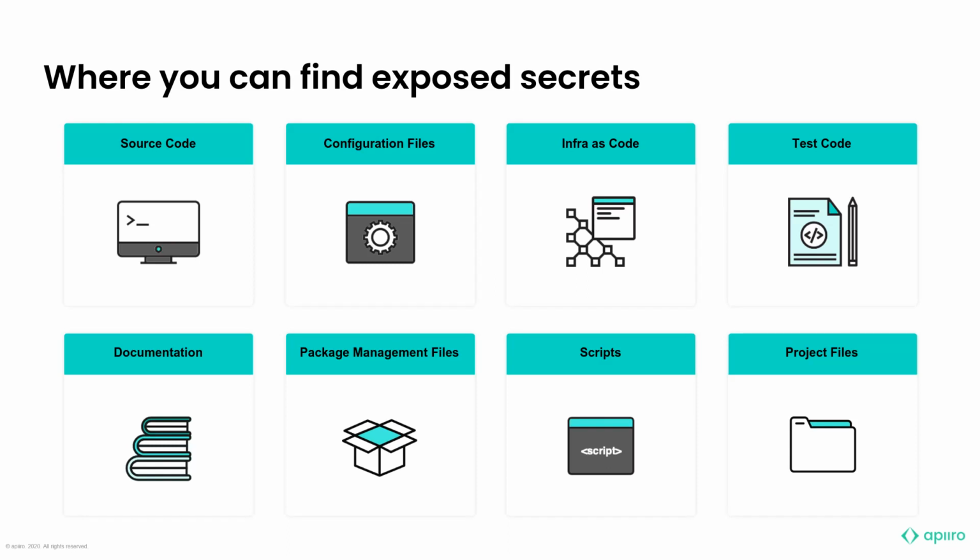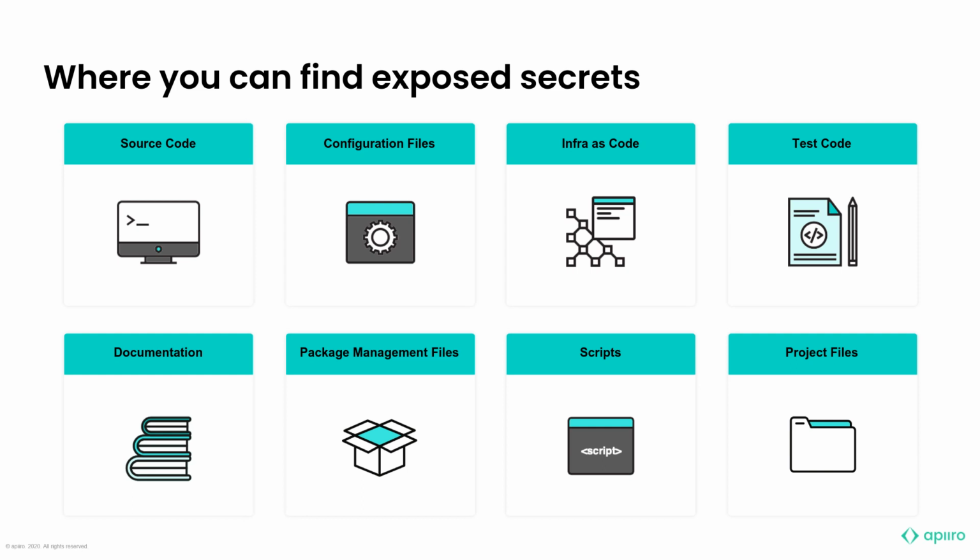Hi, everyone. I'm Igal, and let's just jump right in. So first of all, let's try to understand when we say exposed secrets, what do we mean? And when we're looking at secrets, basically, we at Apiiro are looking at your source code. So we're trying to understand what is pushed into your source code, usually the Git repository.